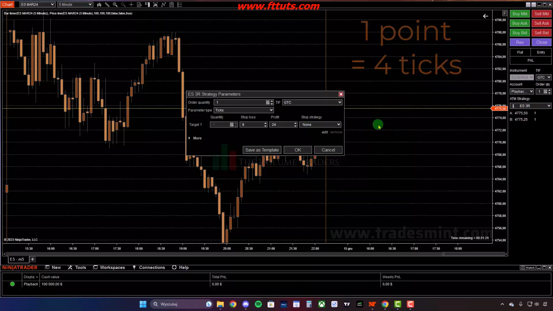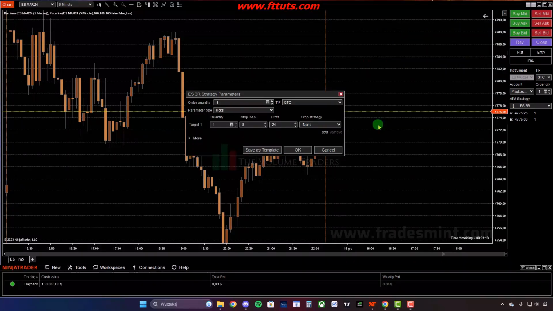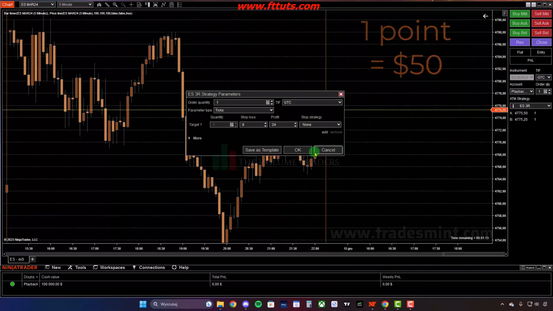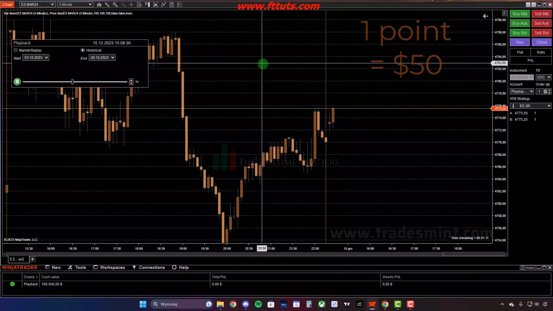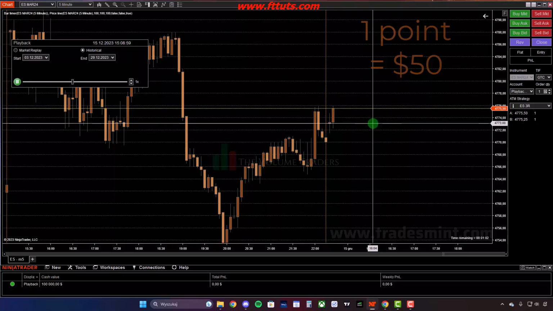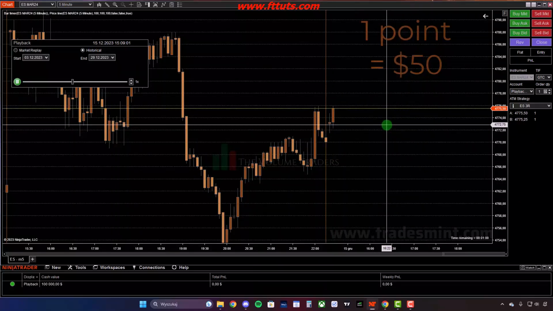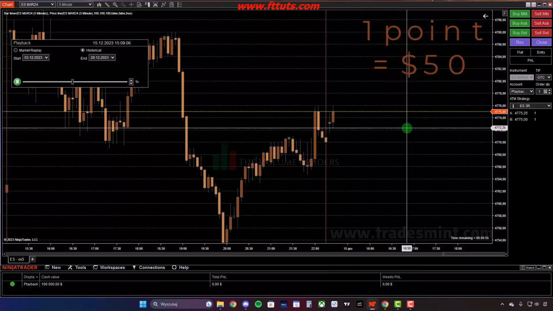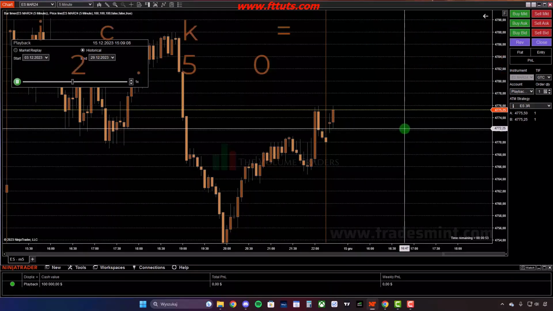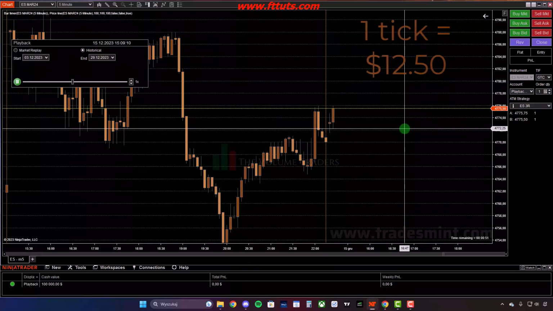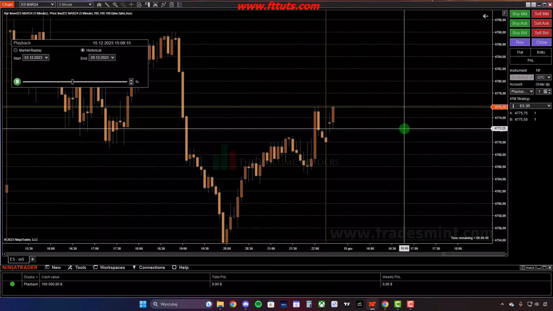And very important, for ES, 1 point is worth $50. Maybe I will write this. 1 point is worth $50. So each tick is $12.50. This is what we always need to remember.